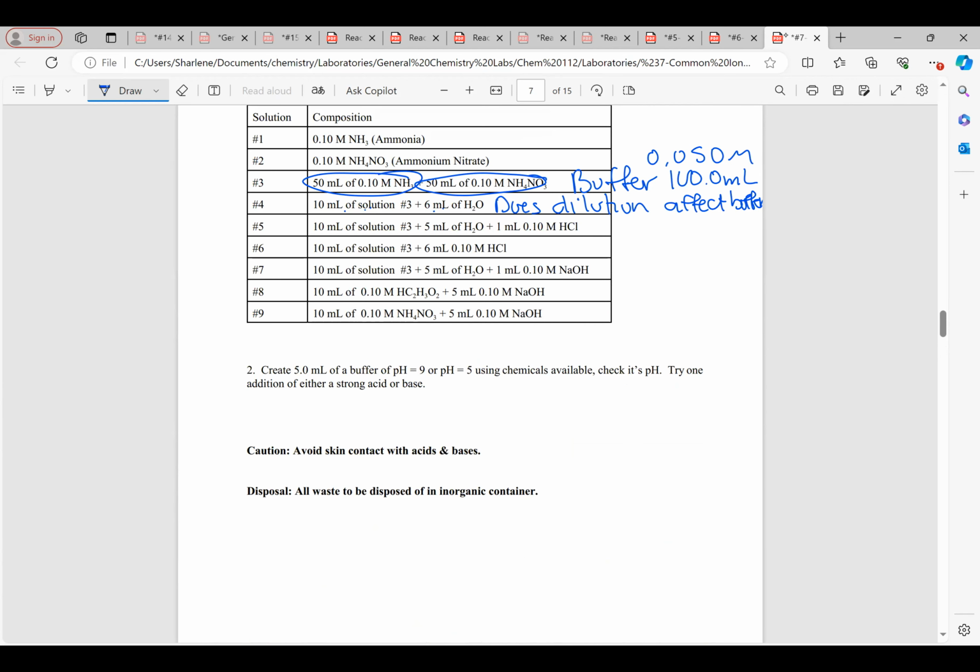All right, let's see. So that was number 4. Okay, number 5: not only did I dilute it, but I also added HCl. So 10 mils and 1 mil.